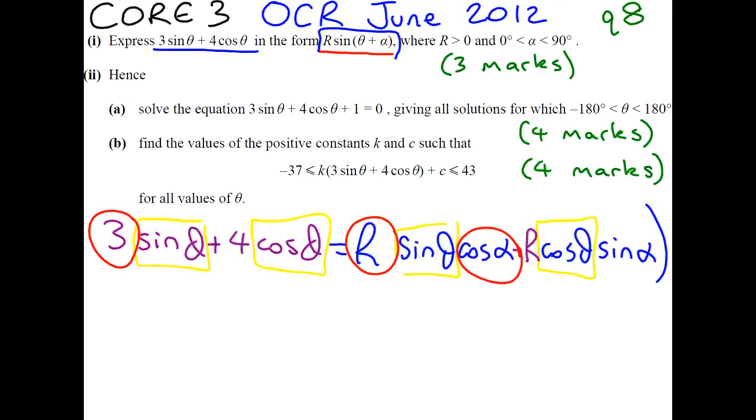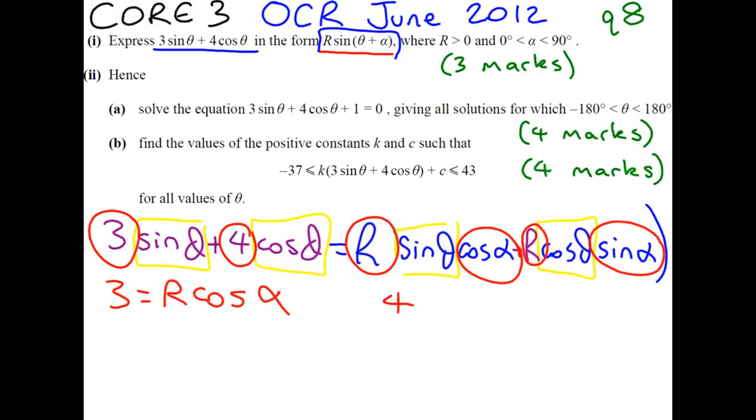So that means that 3 equals r cos alpha. Similar thing for the cos theta, we know that 4 is the same as r sine alpha. So 4 equals r sine alpha.